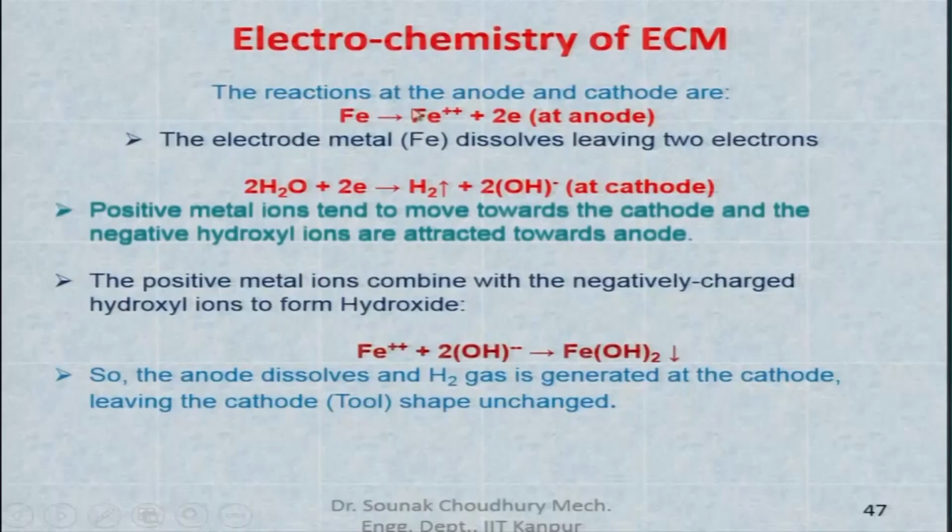So, even if the tool material is soft, it can be used for a longer period, because the tool does not wear out, because at the cathode only hydrogen gas is evolved. As I showed you here, this is the process which happens. Ultimately the material is removed from the anode, which is the workpiece, and at the cathode nothing happens but hydrogen gas is evolved.